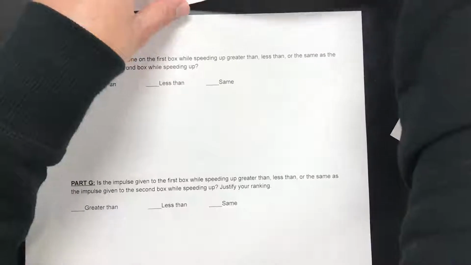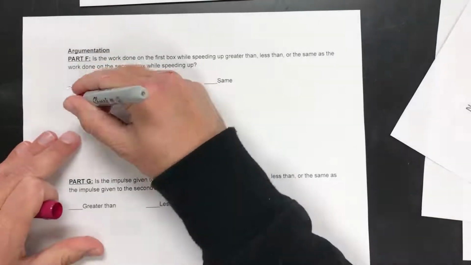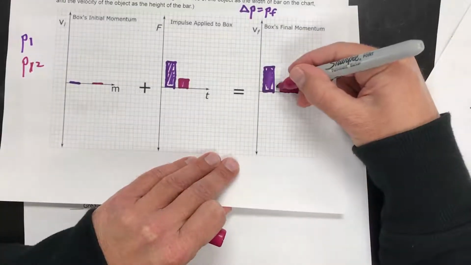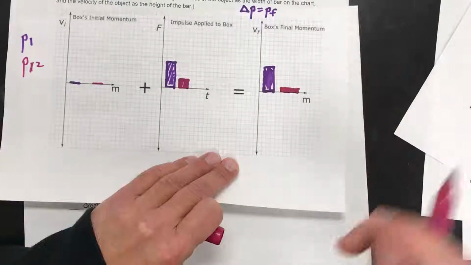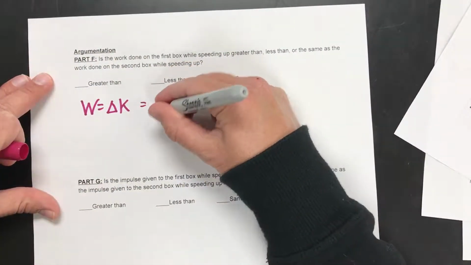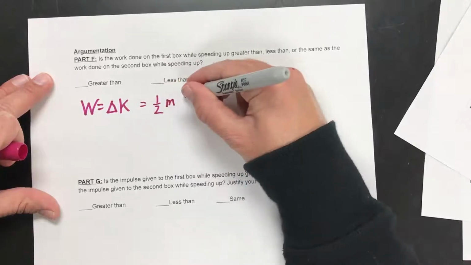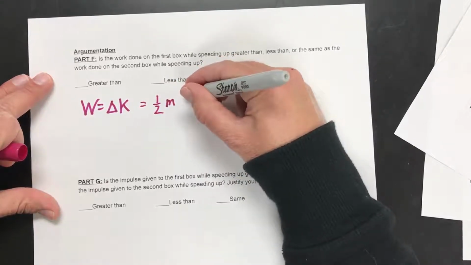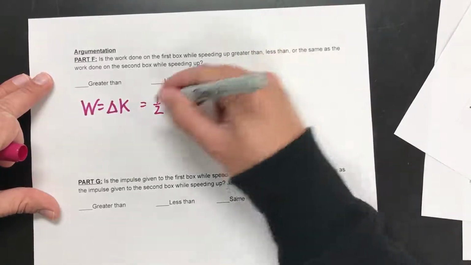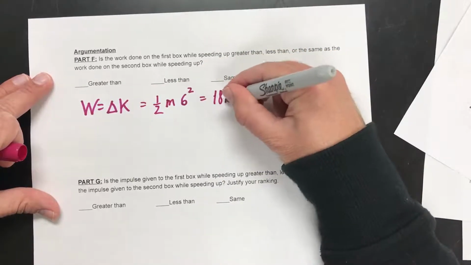Well, let's look at it. Remember this, that work is equal to change in kinetic energy. Let's look at our speeds here. On this box, I'm 6 times the velocity, 6 boxes high. So 1/2, box 1's mass, and it's going to have a velocity of 6, let's say, squared. So 36 times 1/2 will be 18 m.